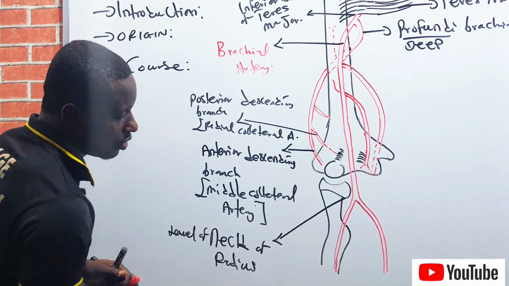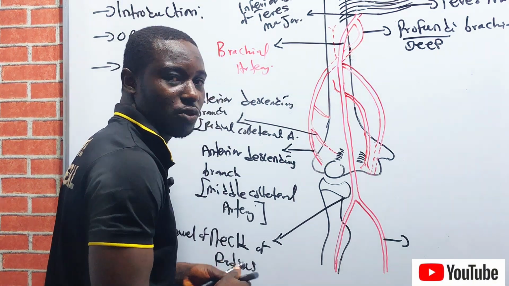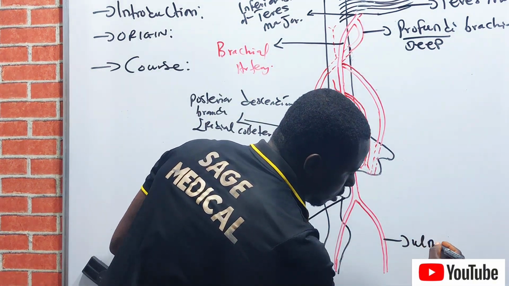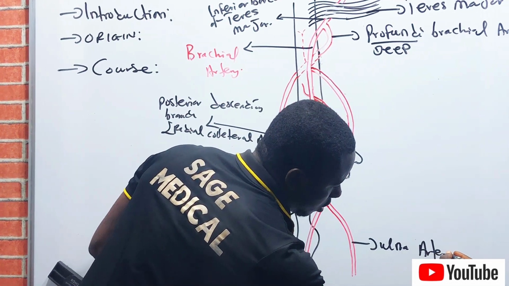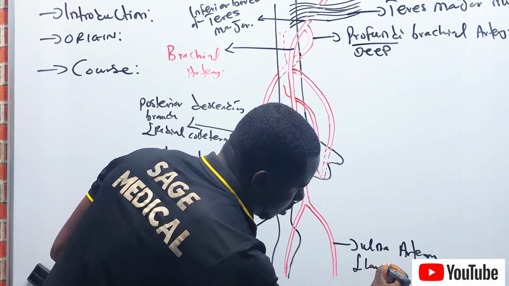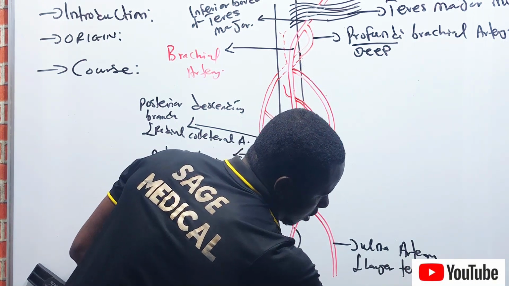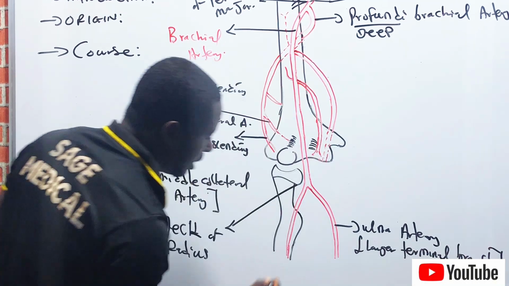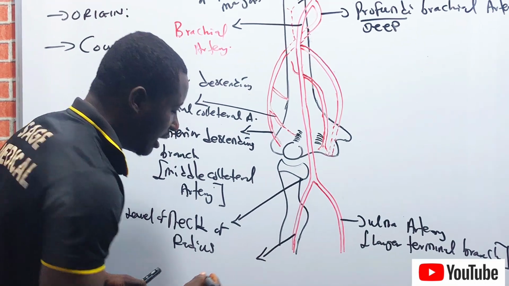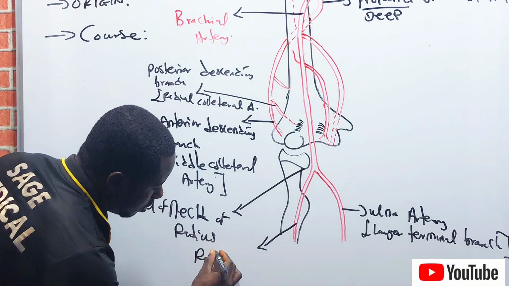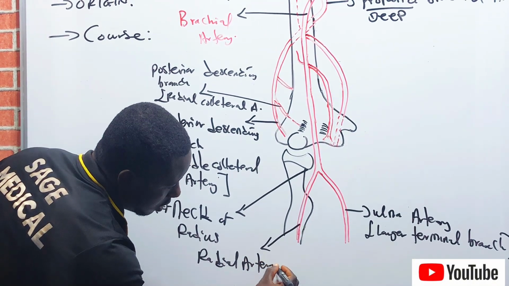Level of neck of radius. This is the larger terminal branch, which is the ulnar artery, and the smaller terminal branch, which is the radial artery.